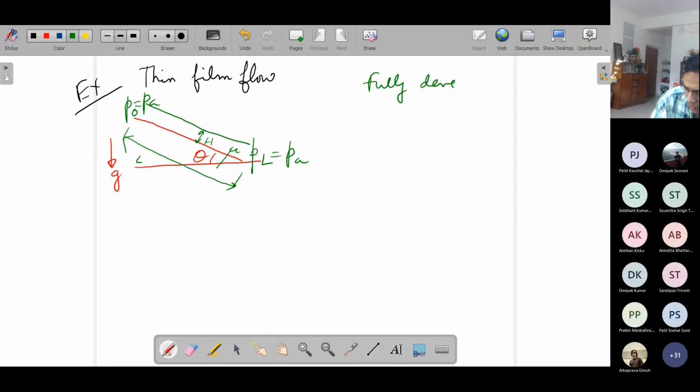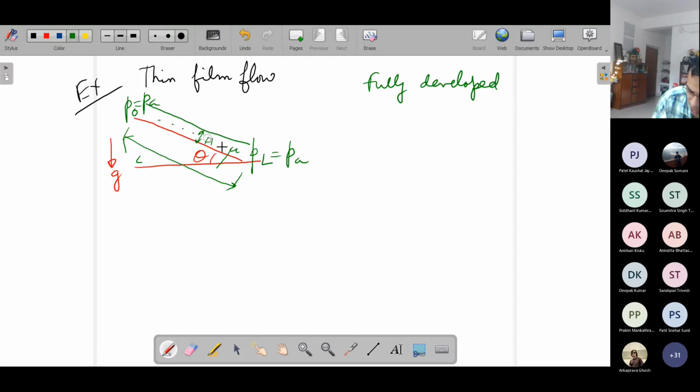I have discussed it earlier. You will have all the forces balanced. So the driving gravity force and the resistive viscous force, they will balance. And that is what we want to make use of to understand what is the velocity profile in the film.